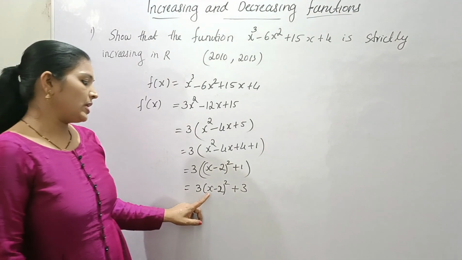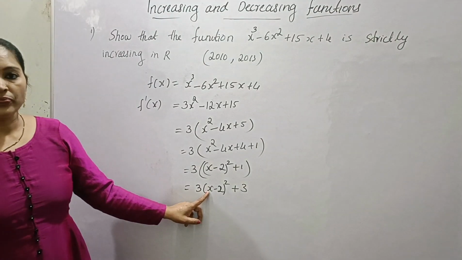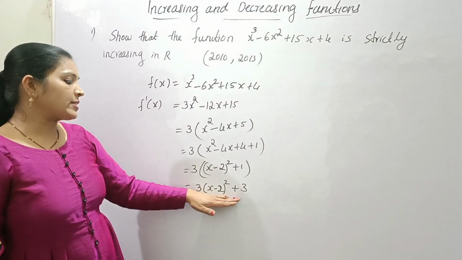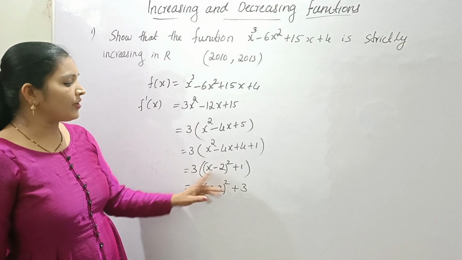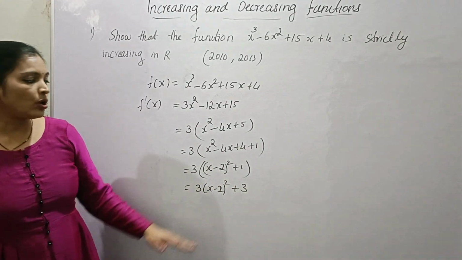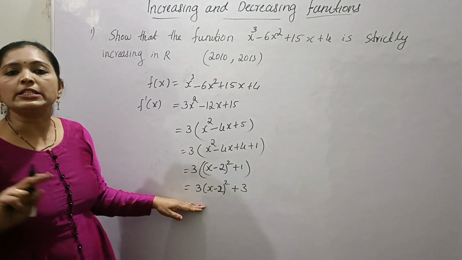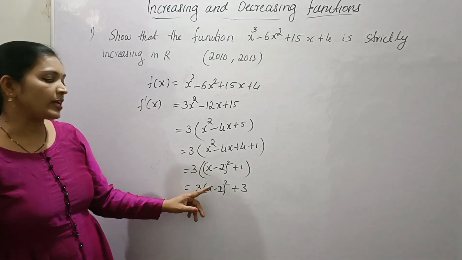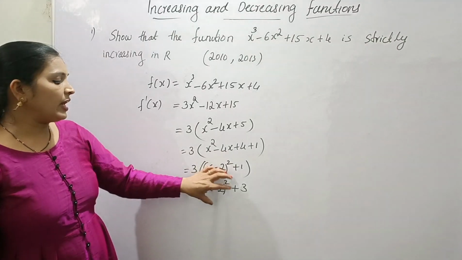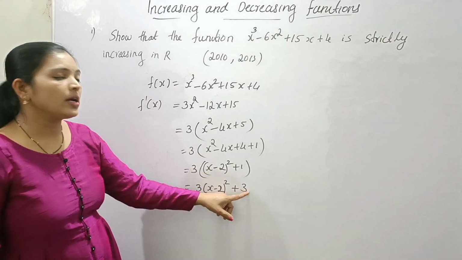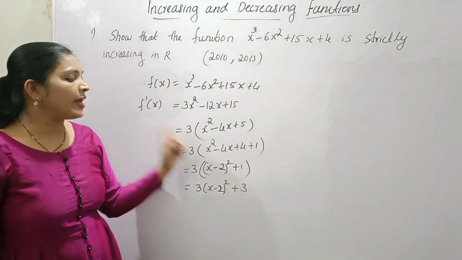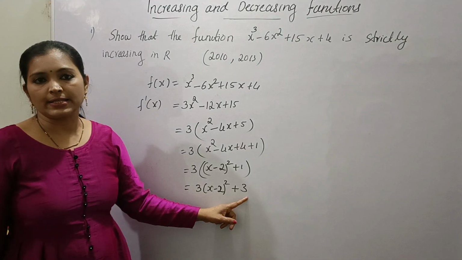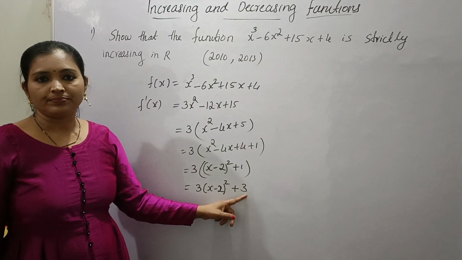And here, see, if x is equal to 0 also, we will get positive numbers only. So here we will not get any 0, right? If x is equal to 2, we will get this term 0, but f dash of x is always greater than 0 because 3 is here.